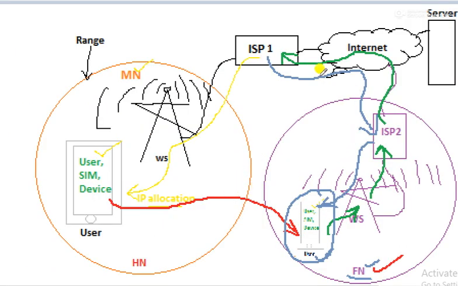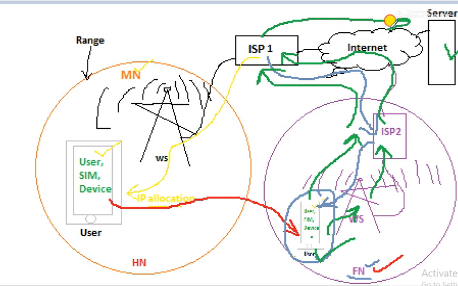So here, even though that user has entered a foreign network, all communication will be done between that end user and another end user through ISP2, through the network again, through ISP1, and from ISP1 to the end server, that is another end device.